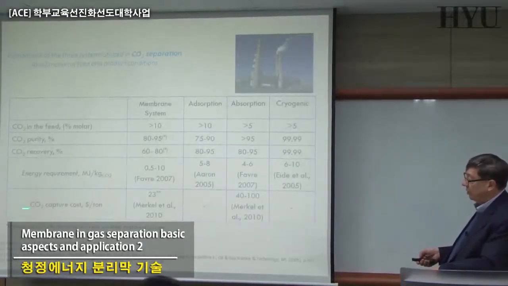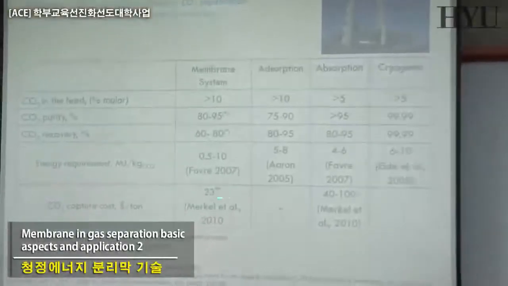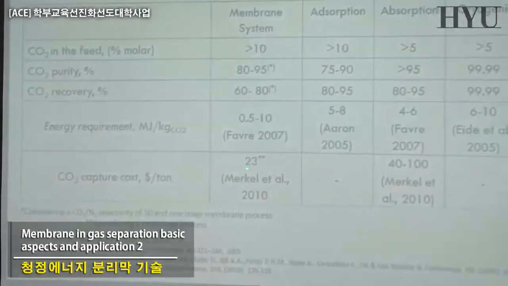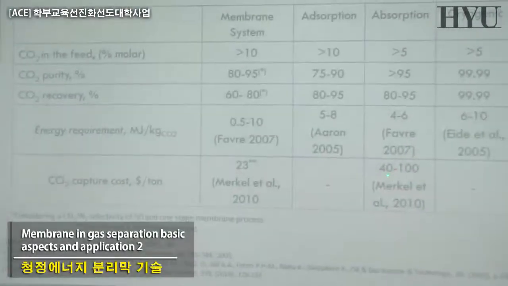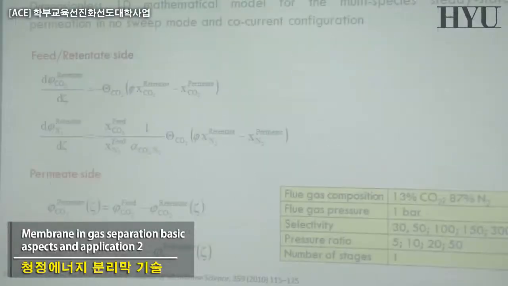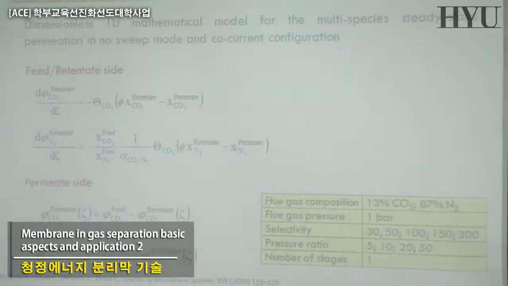And the cost of CO2 capture at the end, you will have a magic number, is supposed to be about $20 per ton, and that is approached easily, this is 23, but compared to what is here, 400, 100, so much better, much more profitable. There is a lot of work in the literature that you can find.